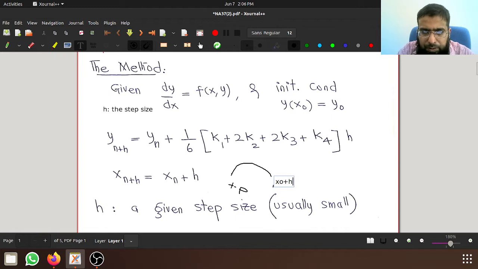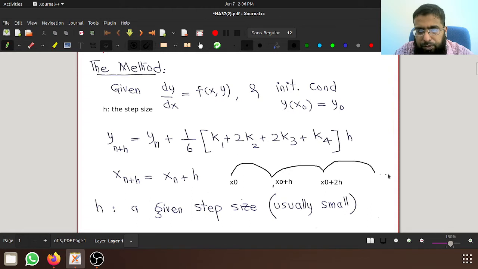We start from x naught, we take one step and move to another point, x naught plus h, and then we take another step and move to x naught plus 2h, and then we take another step and go on and on. So we keep on taking steps starting from some initial value x naught, and we move to x naught plus h, x naught plus 2h, x naught plus 3h, and so on.